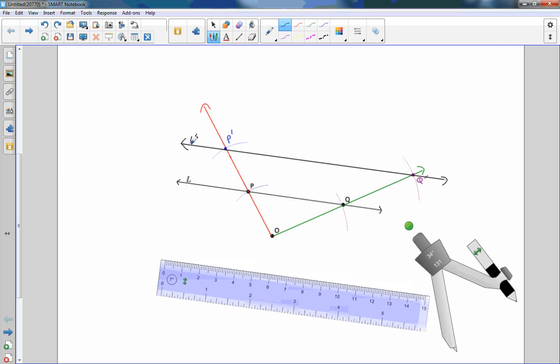So I've just created a dilated line. Line L is down here. I dilated it up. I doubled the distance from my center O, and I drew a line L prime, which goes through points P prime and Q prime. It is going to be parallel to line L, and it's going to be the same length because it goes on forever in both directions.